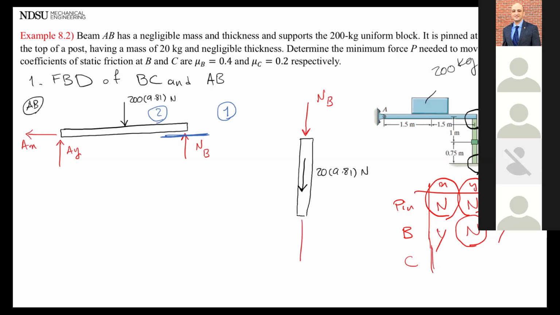If you want to go based on the table, does it move in X direction? Yes. Does it move in Y? Nope. Can it rotate about point C? Yeah. So I'm just going to have the normal force, okay? Oh, another active force I forgot. Force P, which we're trying to find, right? The goal is yes.